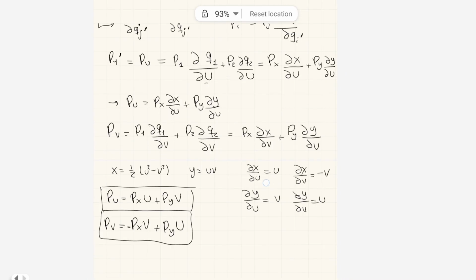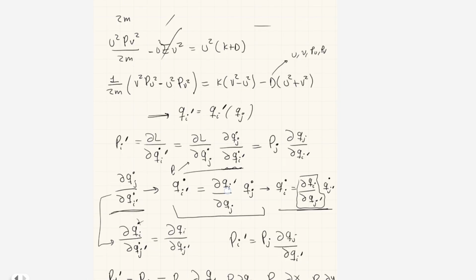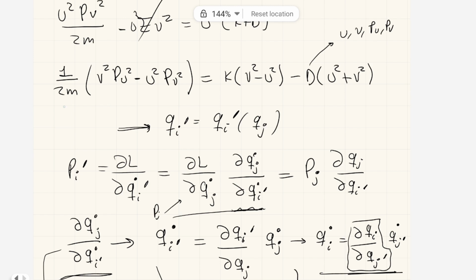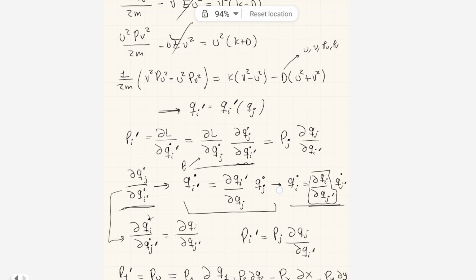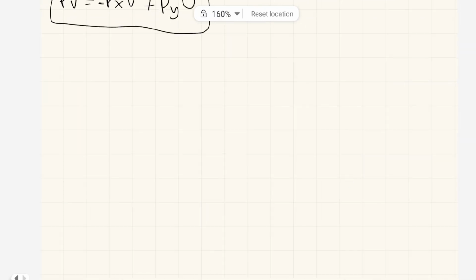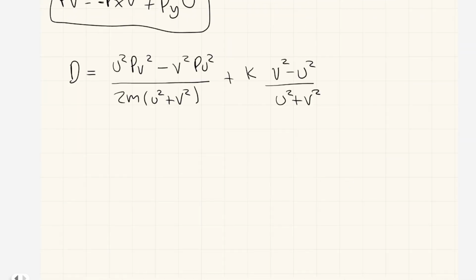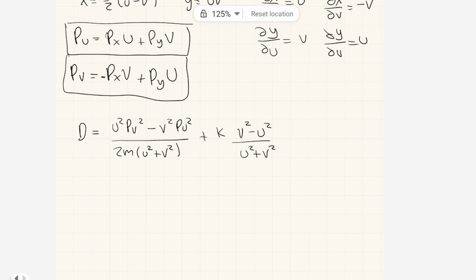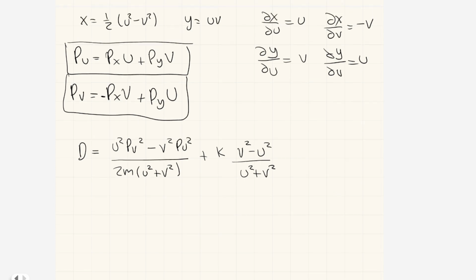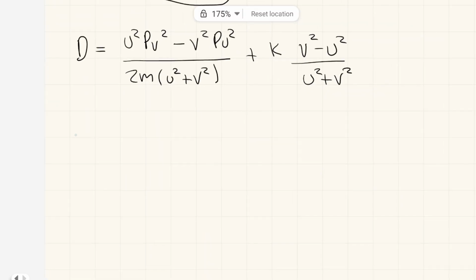Okay, so if we get back to our expression for d, let me rewrite this equation and solve it for d. I'm going to write it in this piece of the page. Okay, and we are going to use this expression to find a new expression for d. The first thing I want you to notice is what happens if we calculate the square root of x squared plus y squared.